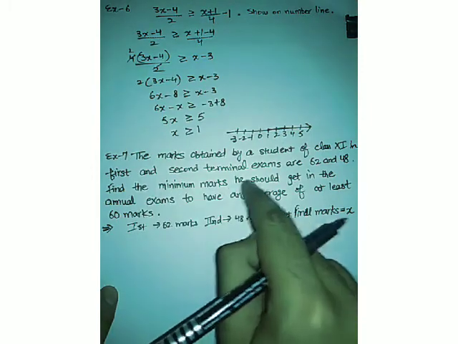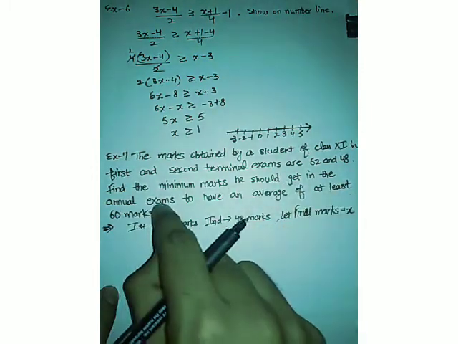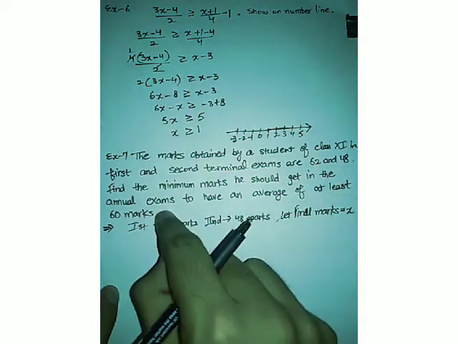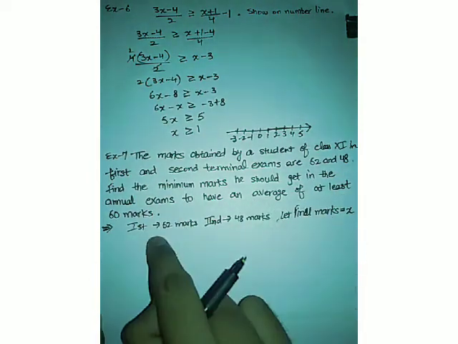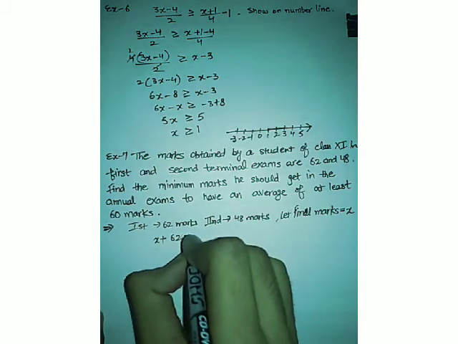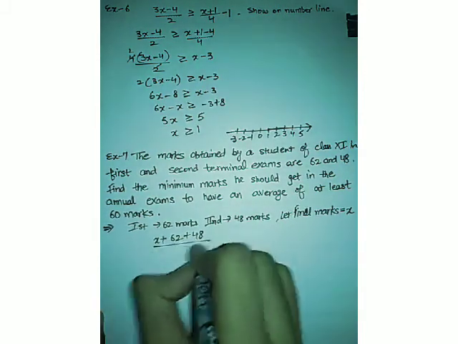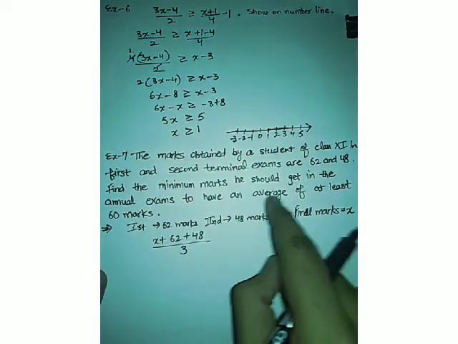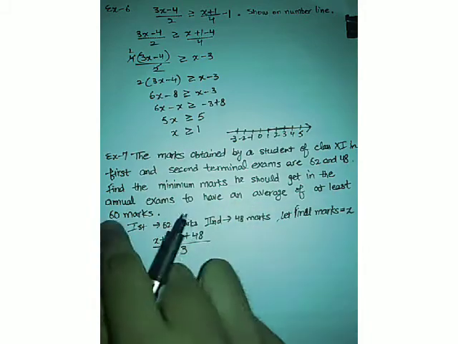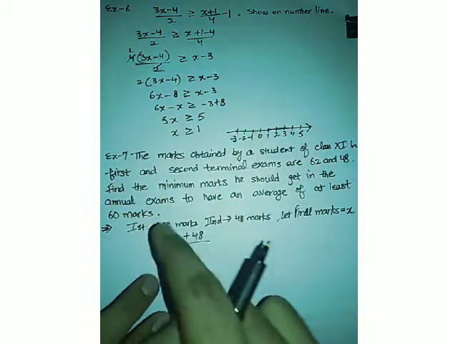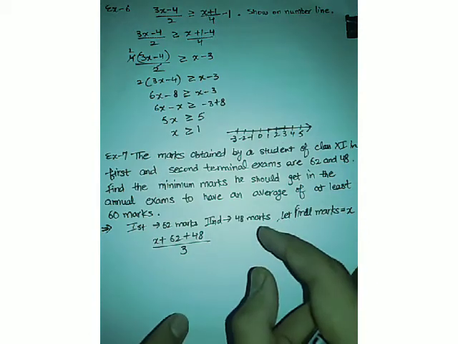Find the minimum marks he should get in the annual exam to have an average of at least 60 marks. Average means we have to find the mean, so just write it in the mean form. (x plus 62 plus 48) divided by 3. This is the average of all these. To have an average of at least 60 marks. The average can be equal to 60 and it can be more than 60.